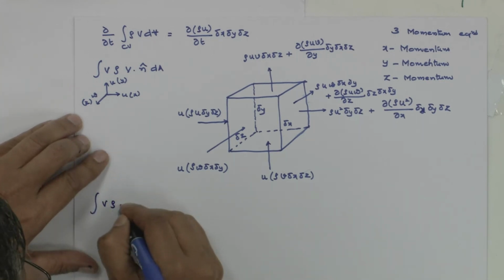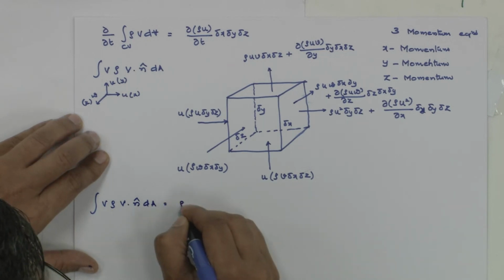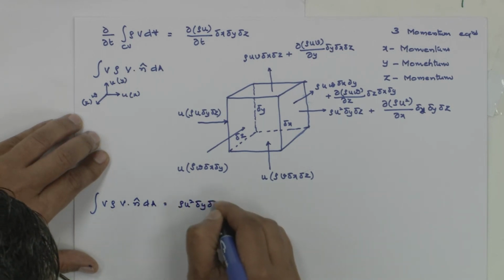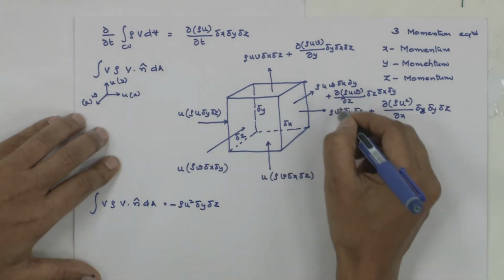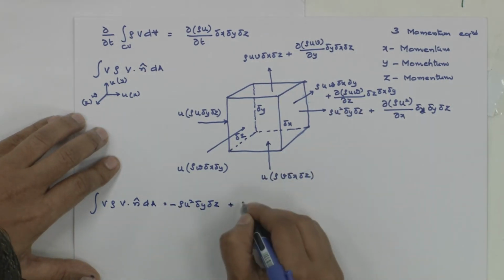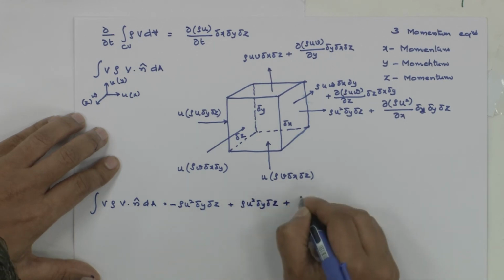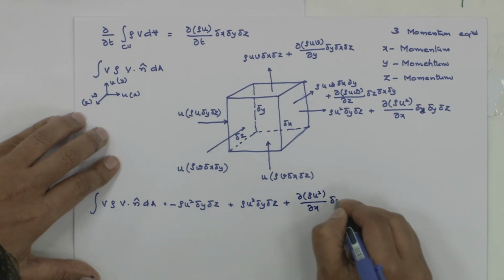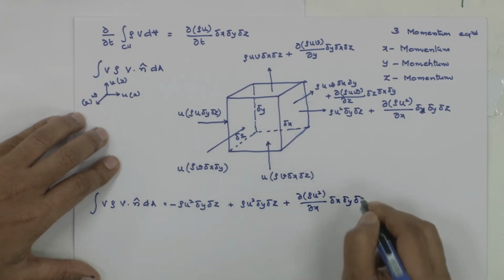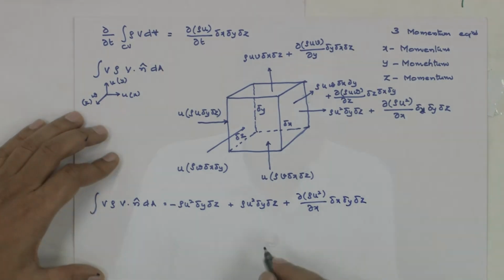So, if I do that, V rho V dot n dA in the x direction is minus rho u squared delta y delta z, which is entering, that is minus. What is getting out is plus rho u squared delta y delta z plus del of rho u squared upon del x delta y delta z. Okay.